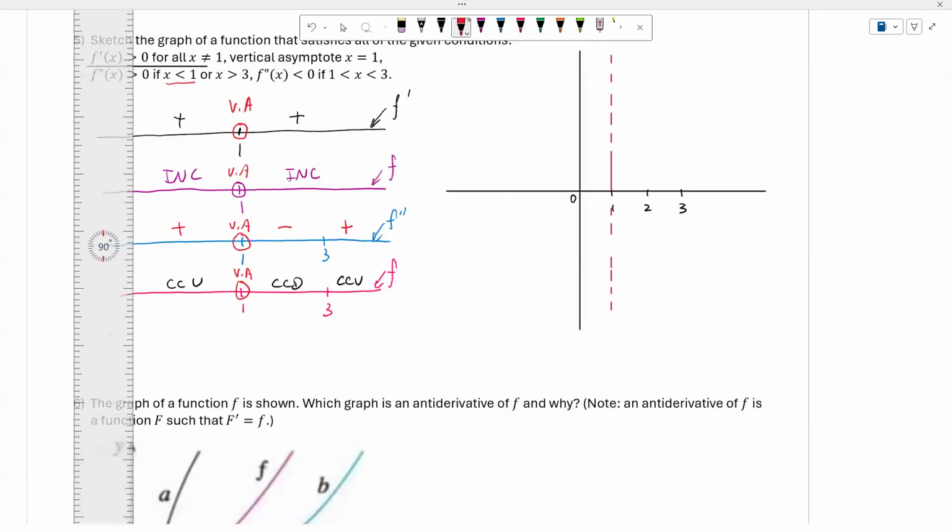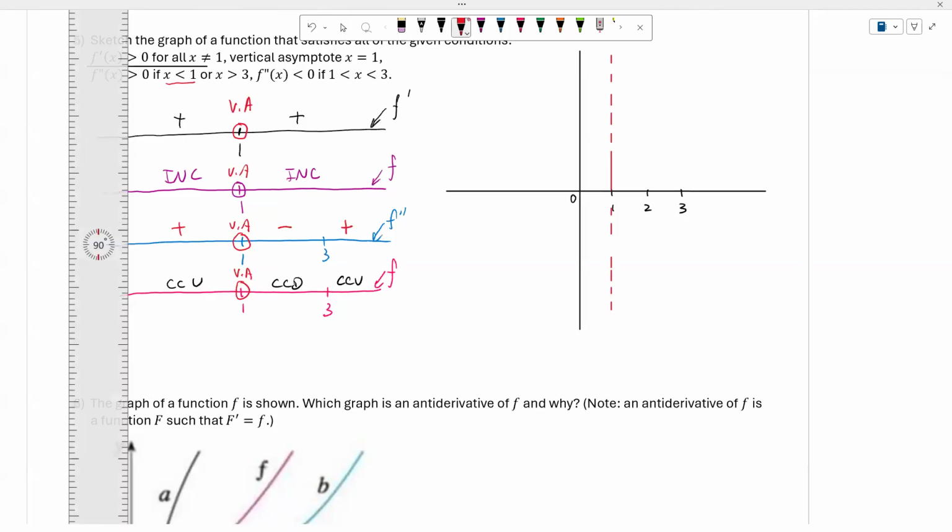Now remember, how does the function behave near a vertical asymptote? The function either goes to infinity or goes down to negative infinity, something like this. Then let's work out the problem.